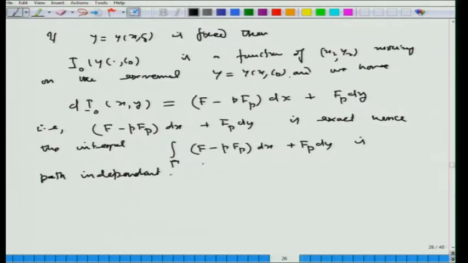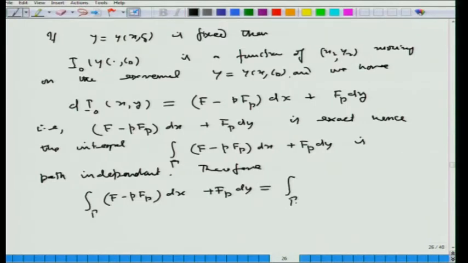Therefore, we have seen that this over gamma of (f minus p f_p) dx plus f_p dy is the same thing as over gamma 0 of (f minus p f_p) dx plus f_p dy, and then on this we write this as gamma 0, (f minus p f_p), and take this dx out.